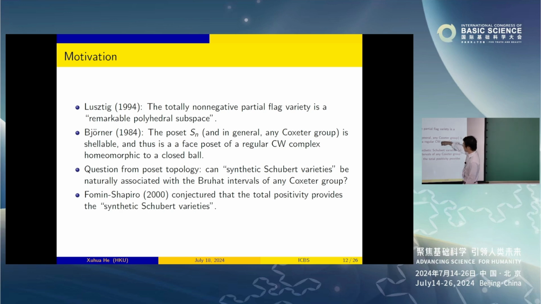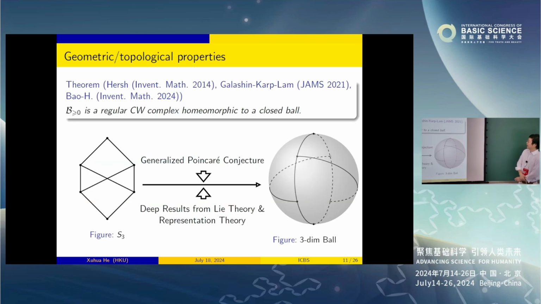This was a question asked by Fomin and Shapiro in 2000. After they studied total positivity, they conjectured that total positivity provides such a regular CW complex, a synthetic Schubert variety, which realizes the Coxeter poset. And they know that this is true.